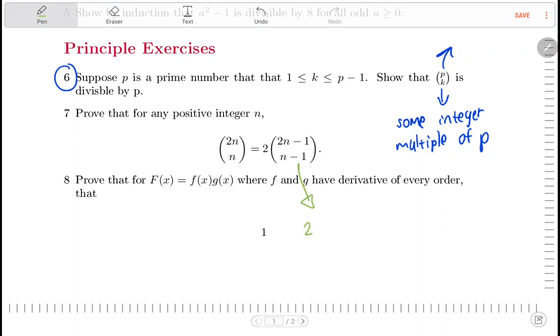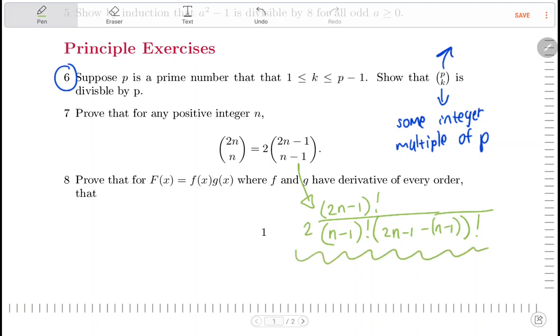So it equals 2, then you have 2n minus 1 factorial over n minus 1 factorial multiplied by 2n minus 1 minus n minus 1 factorial. So the hint here is to start with your left hand side, write out what it equals, then manipulate it so that you get to this right hand side, and then you have proven what you needed to prove.